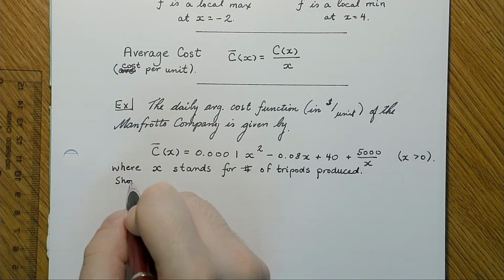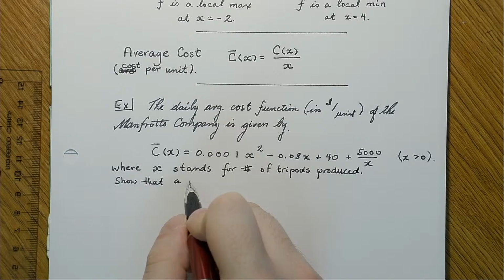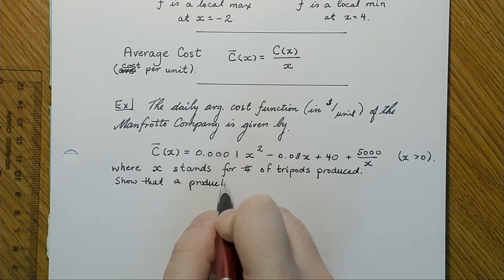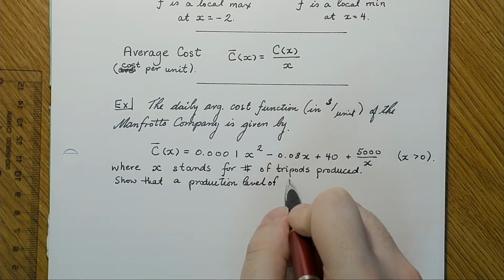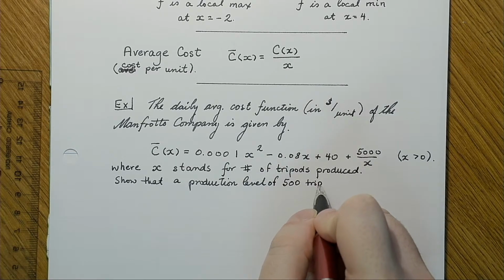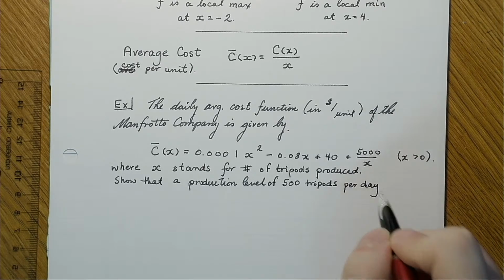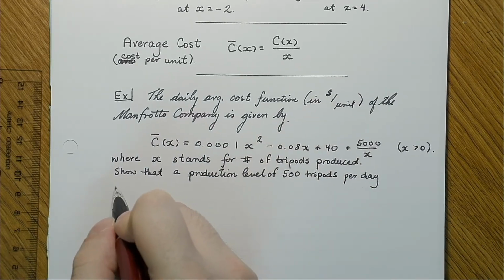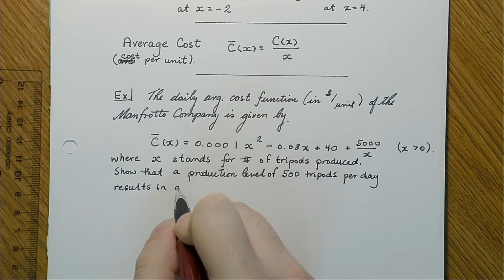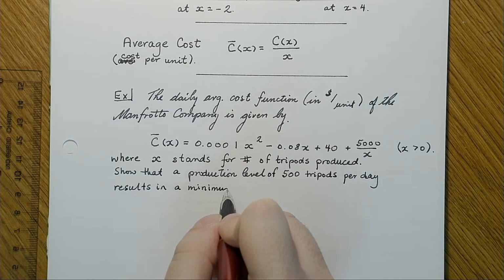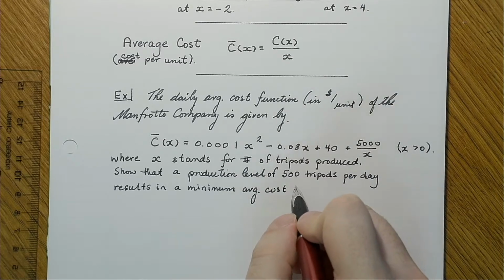So what we're asked is we need to show that a production level of 500 units, or 500 tripods, per day results in a minimum average cost for the company.